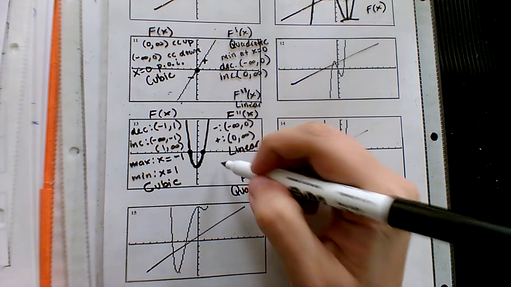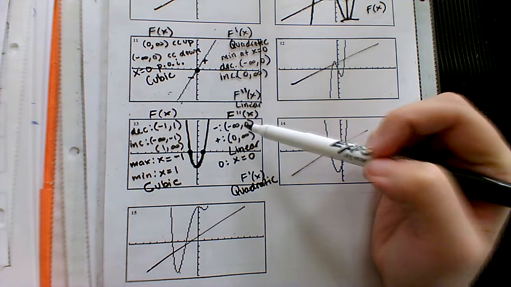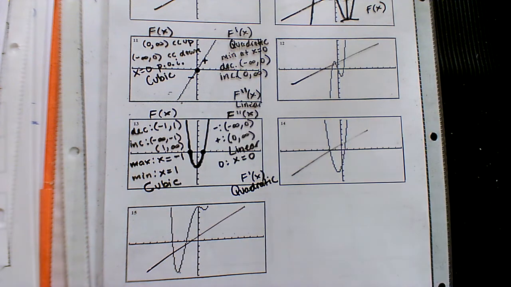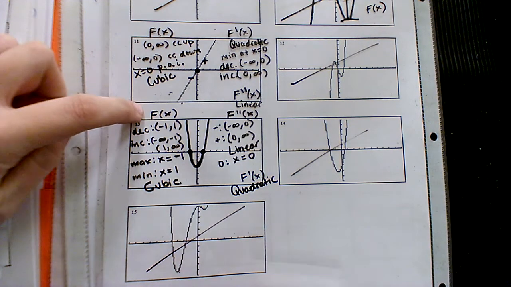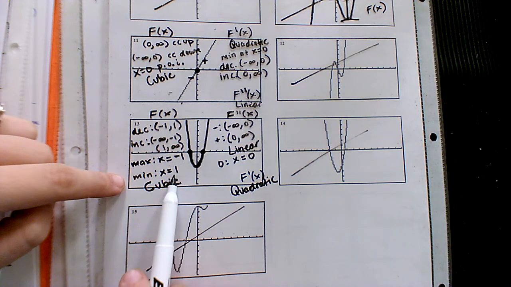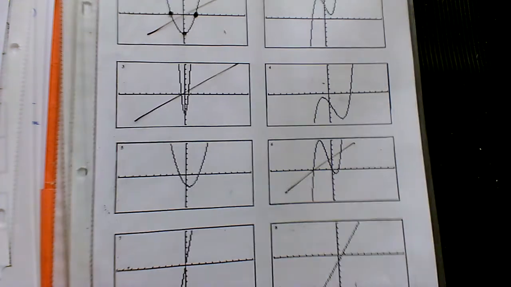There we go. We can also do, we have an x-intercept at 0, because that's where we're changing negative to positive. So let's see if we can find these graphs. So f of x, we need a cubic graph, max at -1, min at +1. The only other options we have left are on the front.